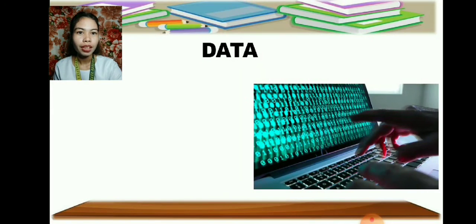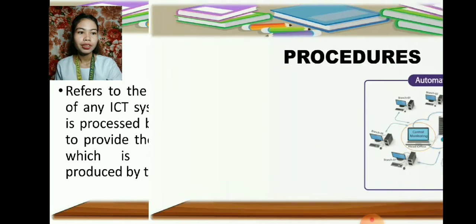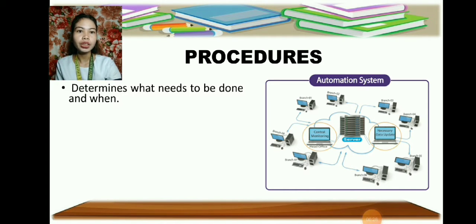For the next component, data. Data refers to the raw materials of any ICT, and this is processed by the system to provide the information, which is the output produced by the system. Data are the raw facts and figures. The next component is procedure. Procedure determines what needs to be done and when.